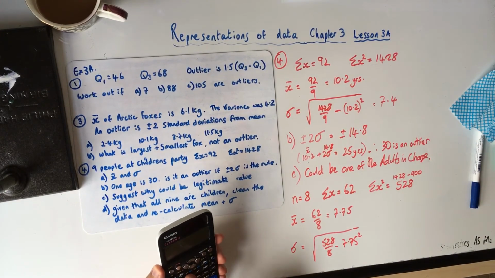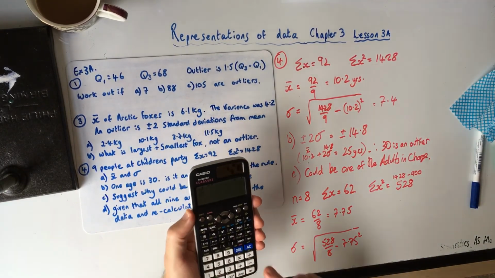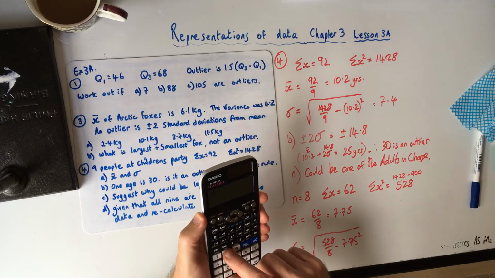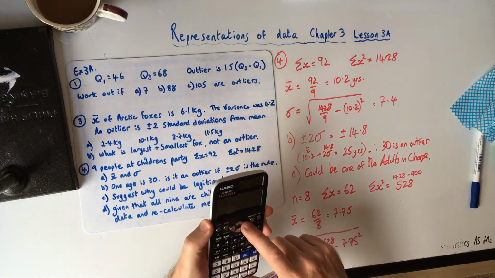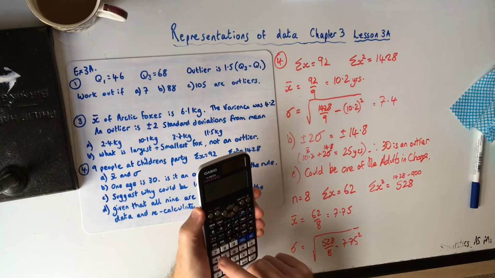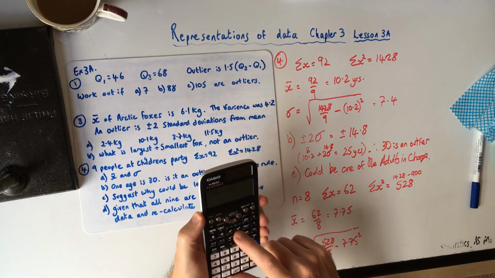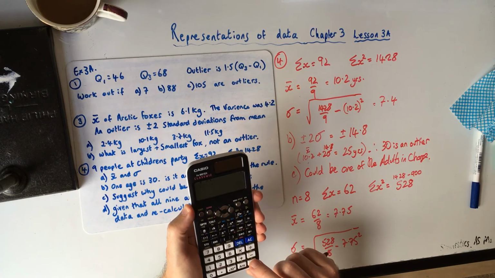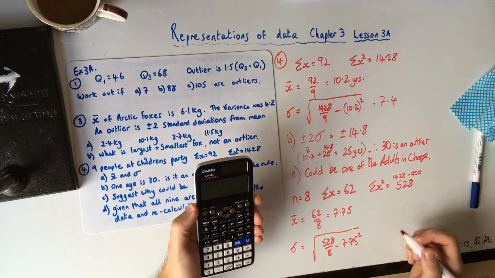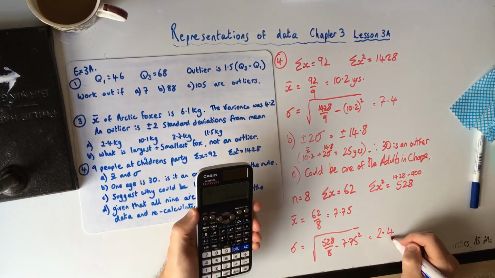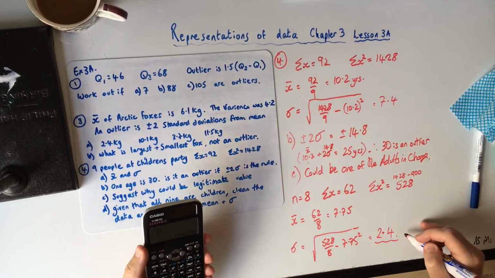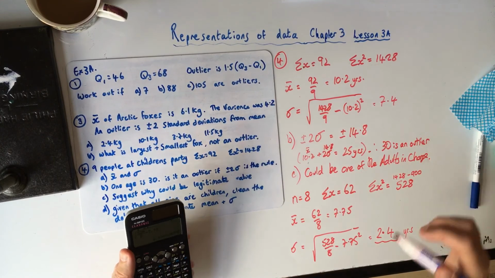So again, the square root of 528 divided by 8, and it's minus 7.75 squared. Okay, so the new standard deviation is 2.4. Okay, 2.4 years, not 7.4.